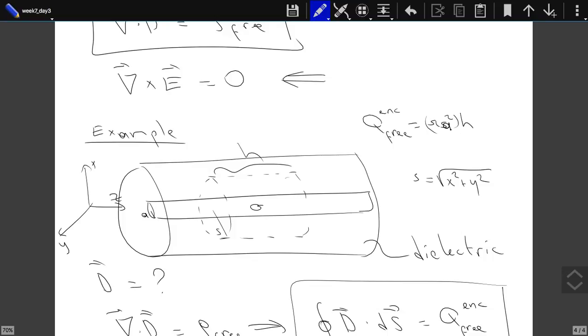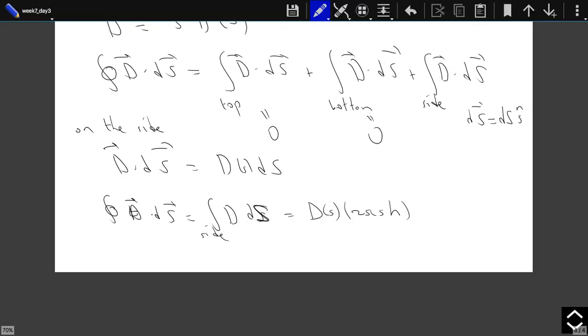But I have a surface charge density, not a volume charge density. So the surface of the wire inside my cylinder is just 2 pi a times h, and the charge per unit area is sigma. So this should be equal to 2 pi a times h times sigma.